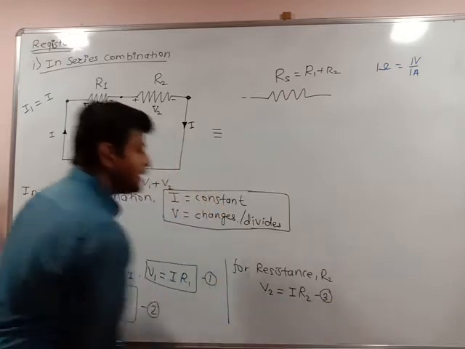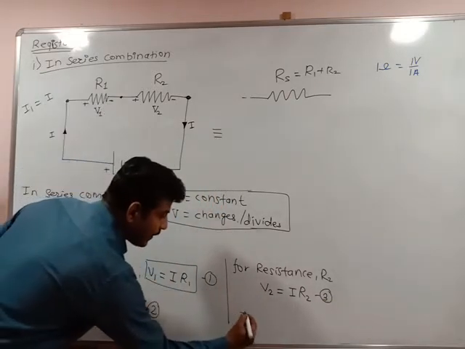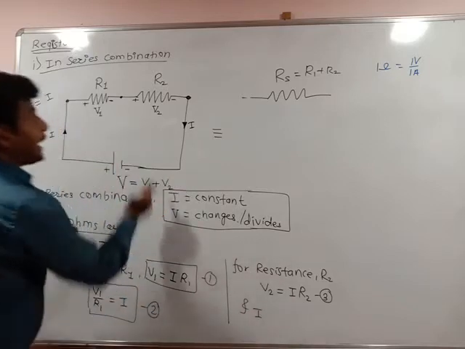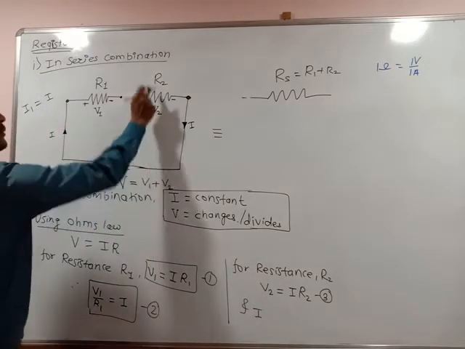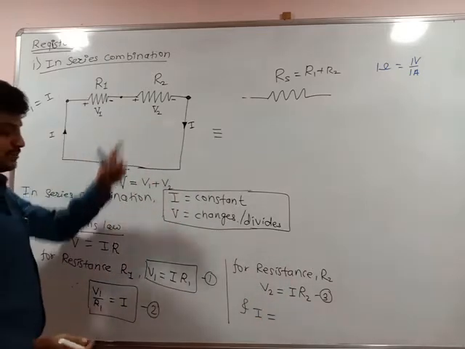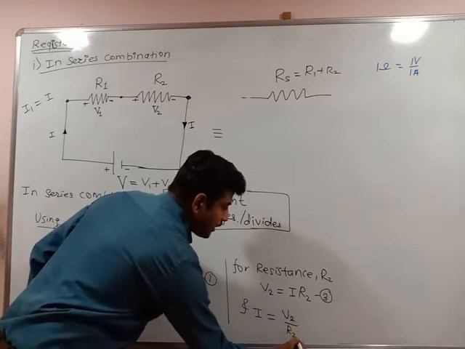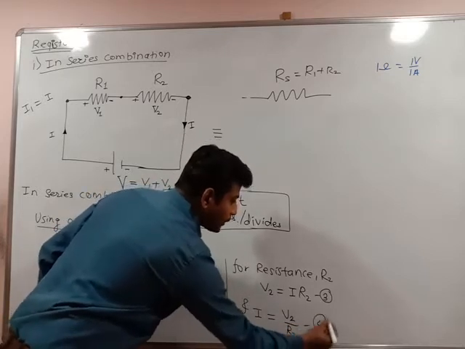This is equation 3. If this is the voltage drop, then current across R2 is what? V2 upon R2. As per this equation, current across the second resistance R2 is I is equal to V2 upon R2. This is equation 4.